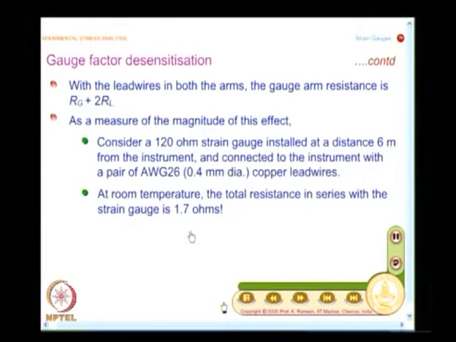So, what you find is when I connect a strain gauge by a lead wire, you cannot ignore the resistance of the lead wire. It is reasonable to think that when I have a 6 meter length, and I have used a good quality copper lead wire, it has given me only 1.7 ohms extra.